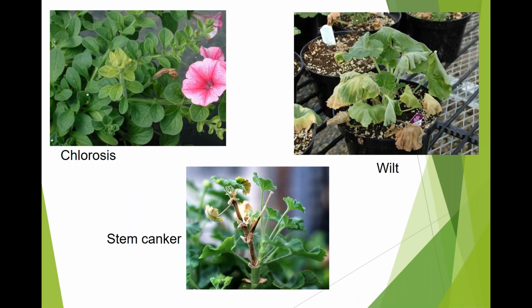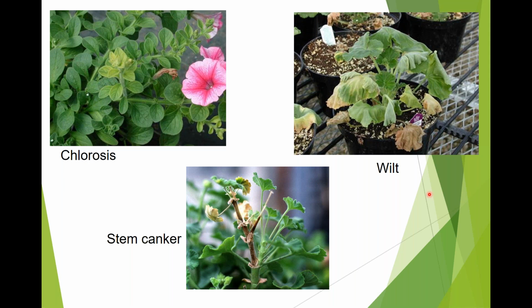Some more symptoms to be familiar with: chlorosis. Chlorosis means yellowing. Sometimes it's an individual stem, like it is with this petunia. Sometimes it's over the entire plant. But when we say chlorosis, we mean a yellow or a very pale greenish yellow color to the foliage. Wilting, again, is self-explanatory.